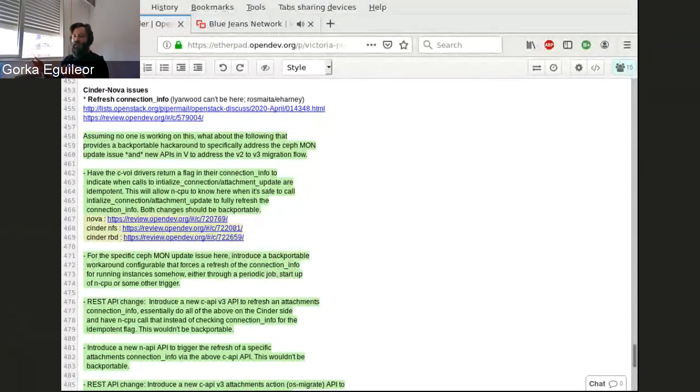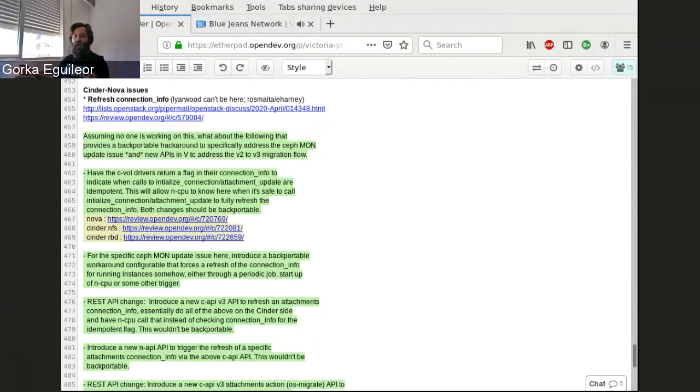So ideally, we should be able to either give them a new connection info or tell them, please refresh these volumes because you don't have access to the data. But we don't have anything like that. So your instances cannot actually access the volume anymore, even if the volumes are now accessible if you try to reconnect.